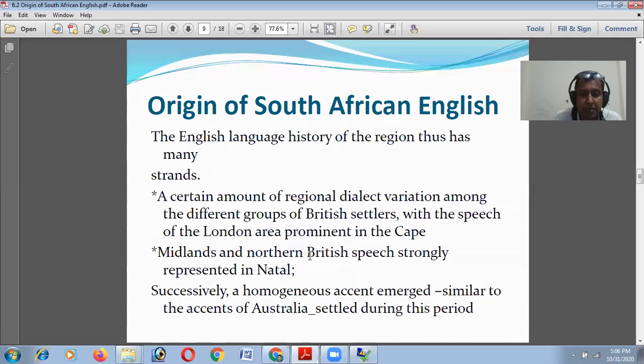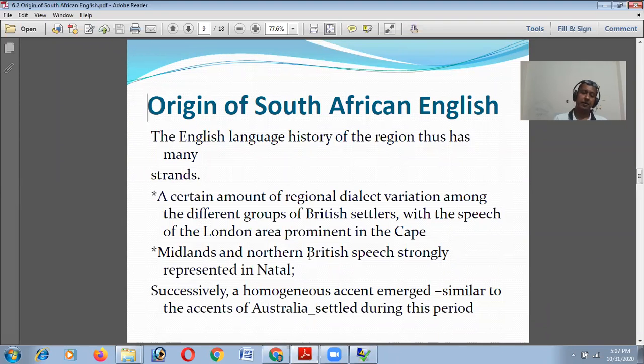Midland and northern British speech is strongly represented in Natal, that means the beach area. Successively, a homogeneous accent emerged, similar to the accent of Australia, and settled during this period.